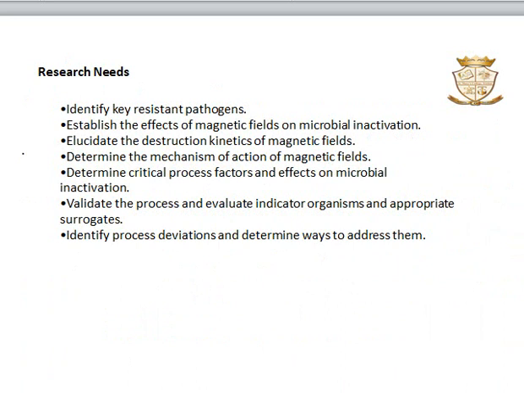We have to identify the key resistant pathogens, establish the effects of magnetic fields on microbial inactivation, elucidate the destruction kinetics of the magnetic field, determine the mechanism of action of the magnetic field, determine critical processing factors and effects on microbial inactivation, identify process deviations and determine ways to address them.